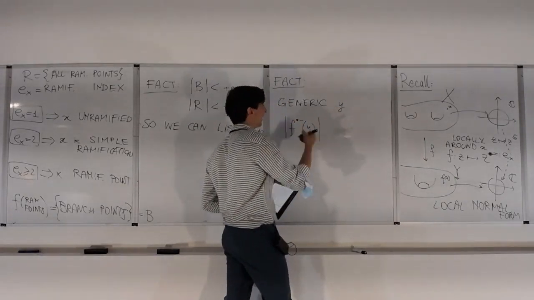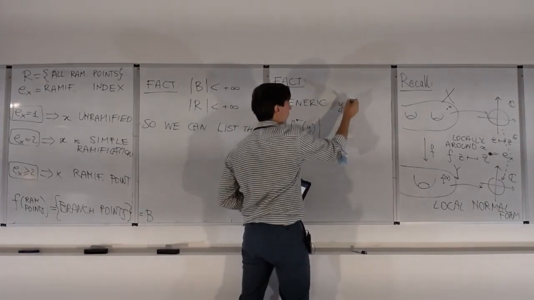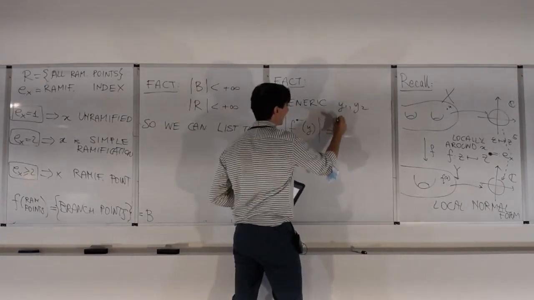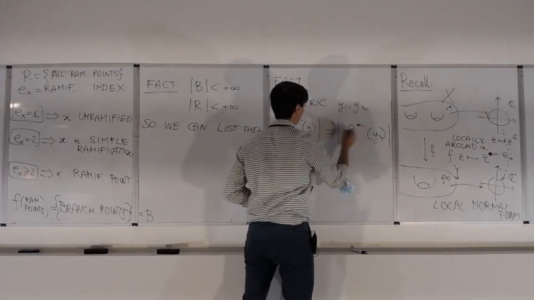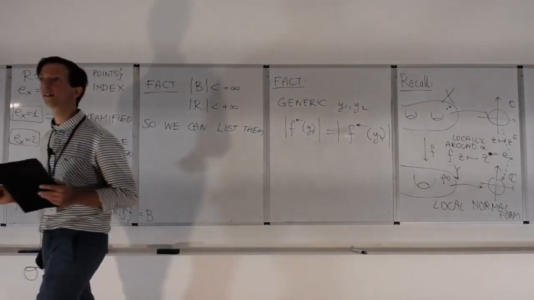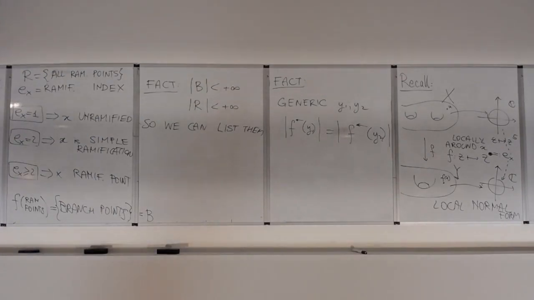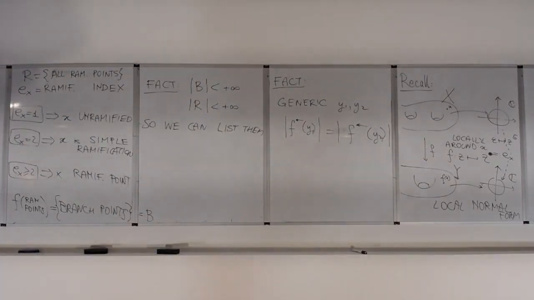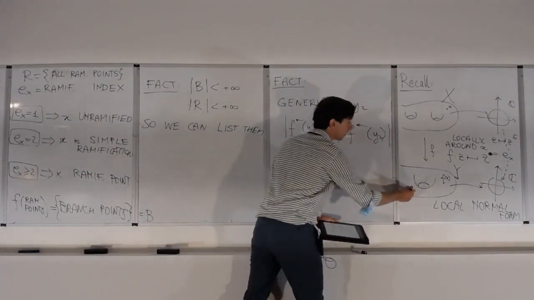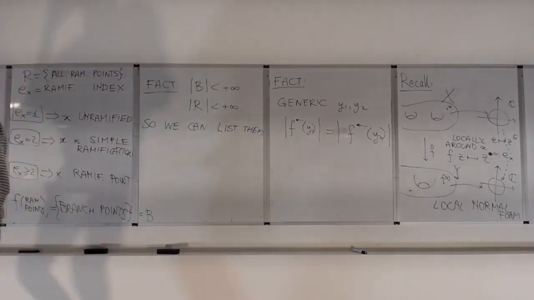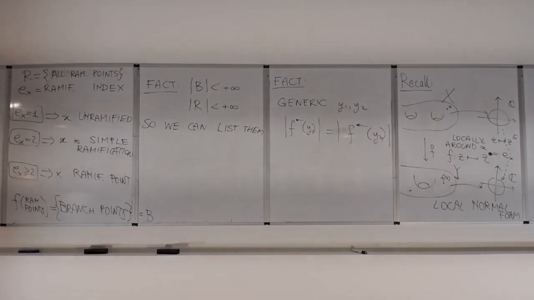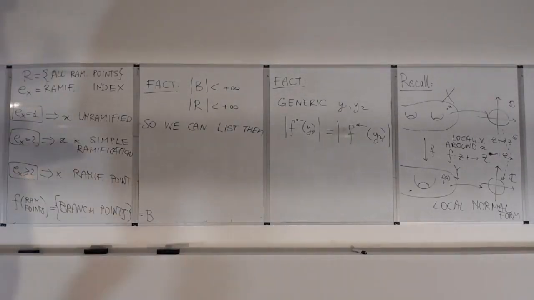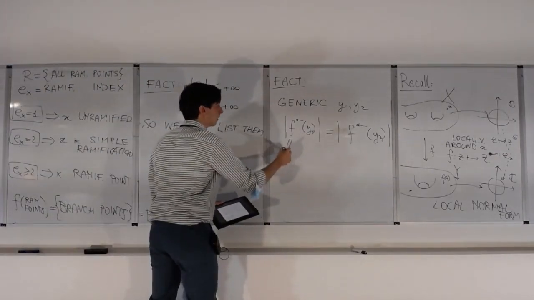If you take generic y1 and y2, then the cardinality of the fibers is the same. I'm just saying something very easy. Take a point downstairs, look at the fiber. The cardinality is the same, except for very few points, which are finitely many. We call this the degree of f.